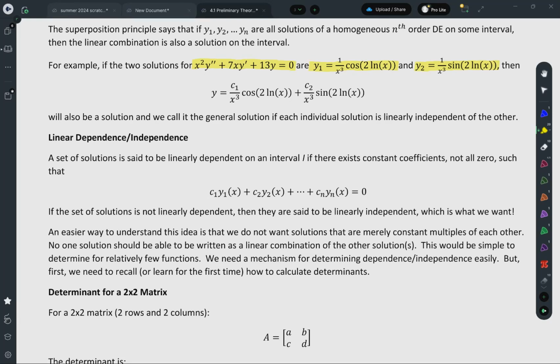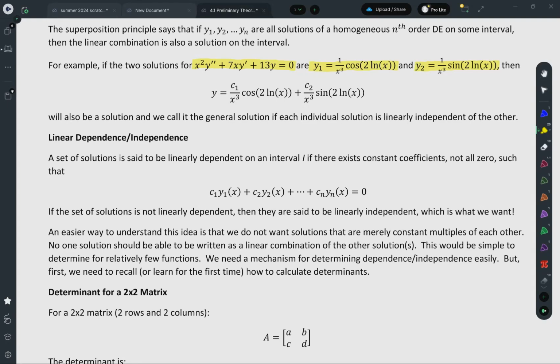And so we need a way in order to determine that. There's some theory behind this, and there's a bit of linear algebra doing its magic in the background. I'm not going to go into all the details of the linear algebra here, because it's a very rich topic, and there's a lot to it. So I'll settle for what I've written here.